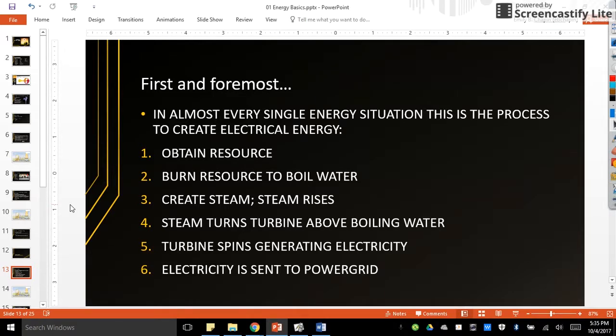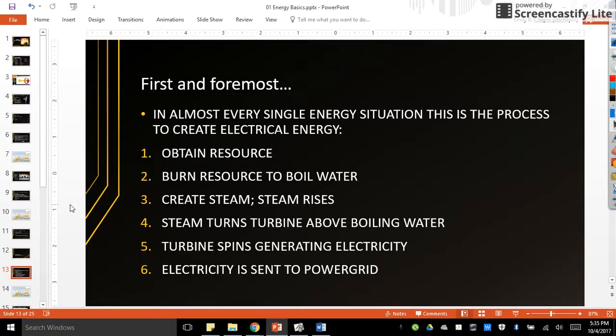Steam is going to turn a turbine, which is basically like a big fan-shaped thing above the boiling water, or the steam will move through a series of pipes to the turbine to turn it. The turbine will spin, generating electricity through a generator, and then the electricity is sent to the power grid.